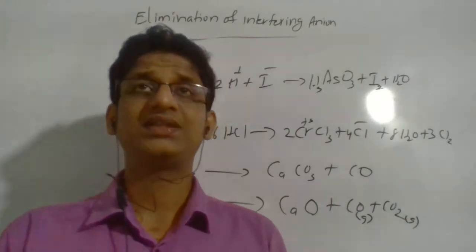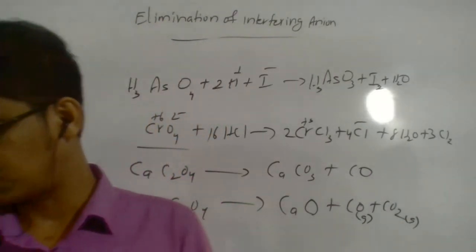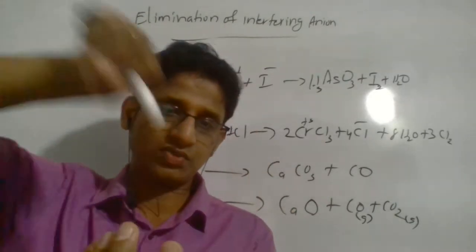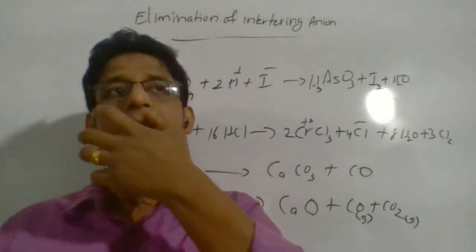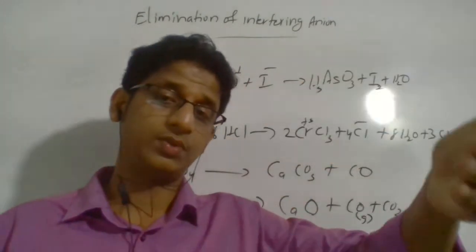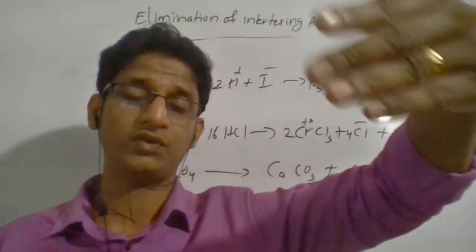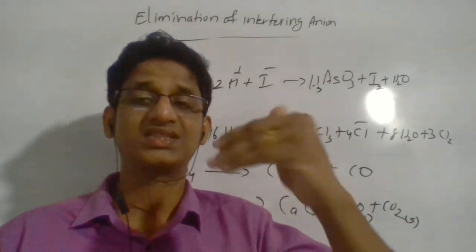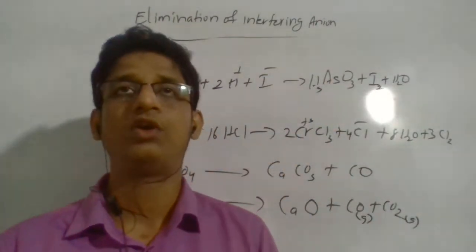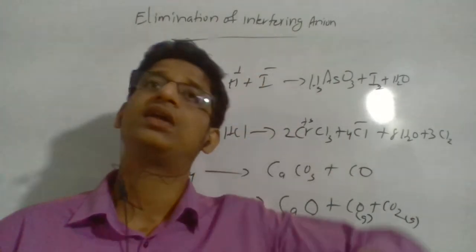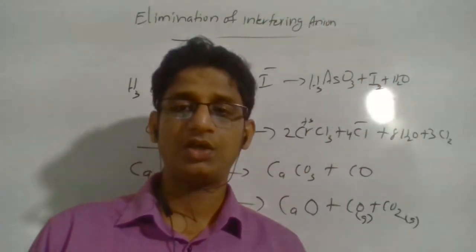Borate and fluoride, the technique we use is in the presence of concentrated HCl. We just take the mixture, take a china dish, add concentrated HCl so that borate will convert into boric acid and fluoride will convert into hydrofluoric acid. So HF and H3BO3 respectively will be formed. Those are volatile, so they will evaporate off if you heat it.